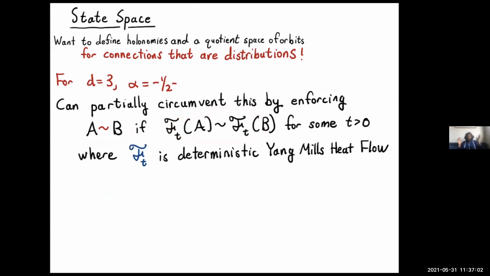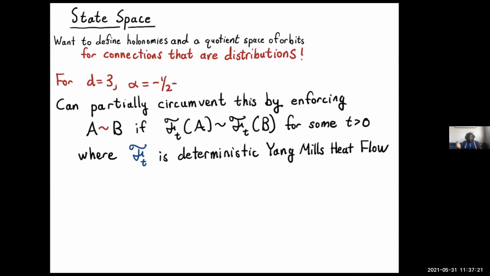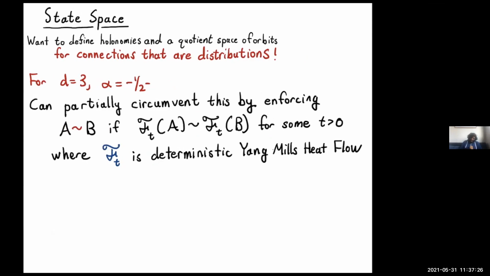Here there's a kind of painful thing, which is that you have a notion of gauge equivalence where you don't have a gauge transformation anymore, not in the same sense. So this gives you a bit less, but the 3-dimensional story is still a work in progress, nearing completion.